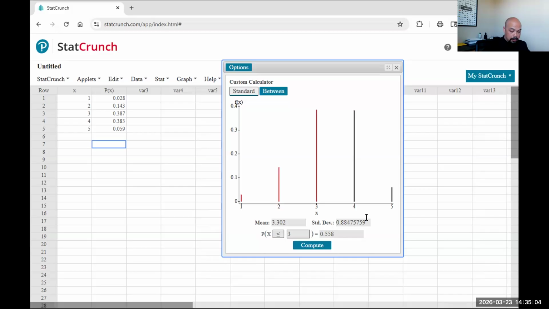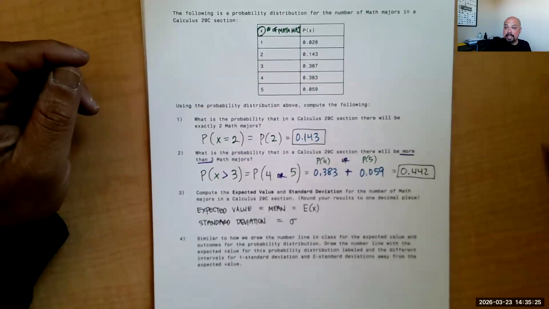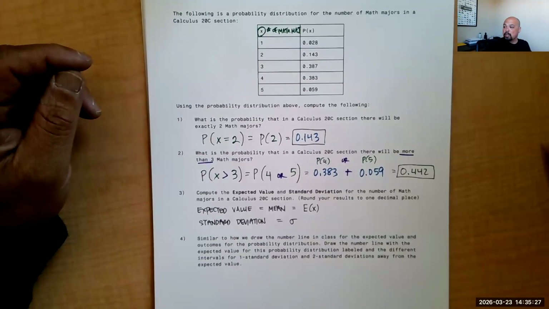So I'm going to go back to that paper, okay? Now we're going to see where I type in these values, all right? I'm going to stop the share here. I'll go back to our sheet. And so from that StatCrunch, I'm going to sneak over my shoulder to look over there.